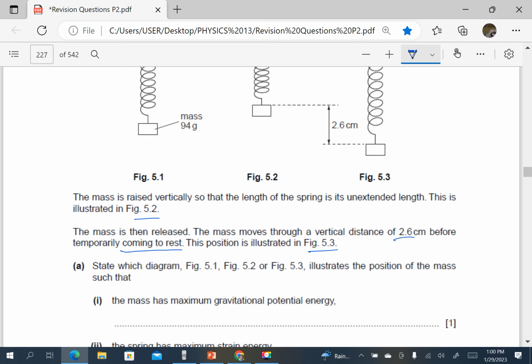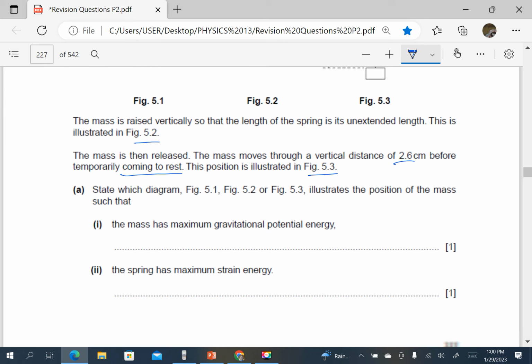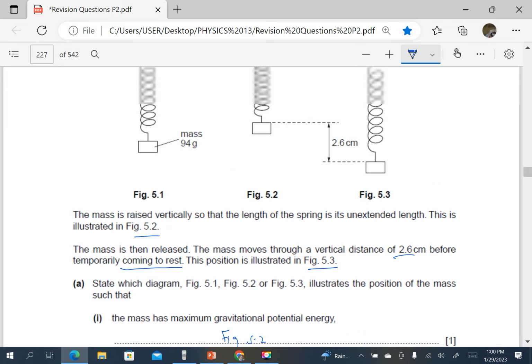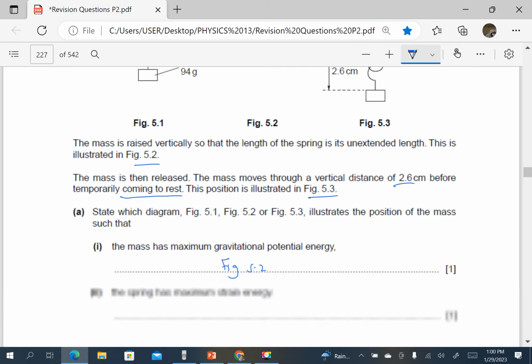State which diagram, 5.1, 5.2 or 5.3, illustrates the position of the mass such that the mass has maximum gravitational potential energy. For maximum gravitational potential energy, it should be at its highest point. That is going to be figure 5.2, because it is in 5.2 where it is at its highest point.